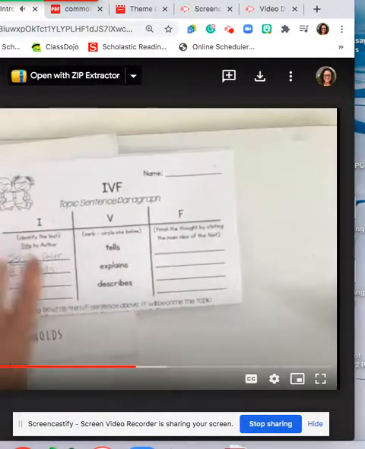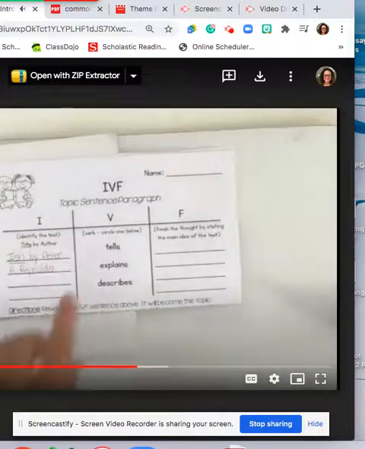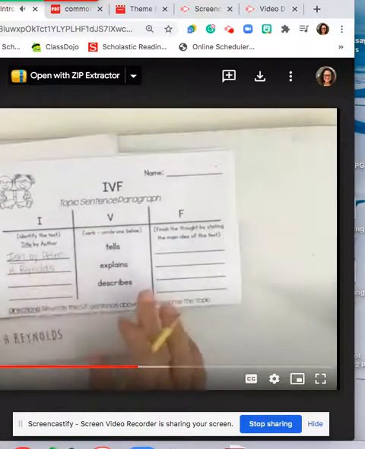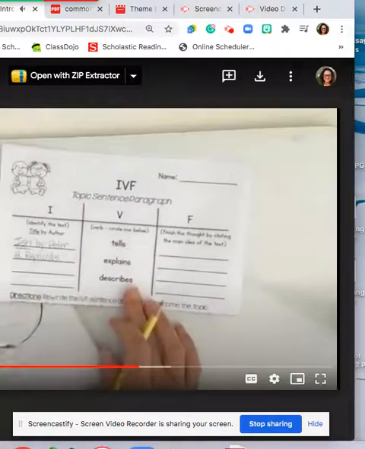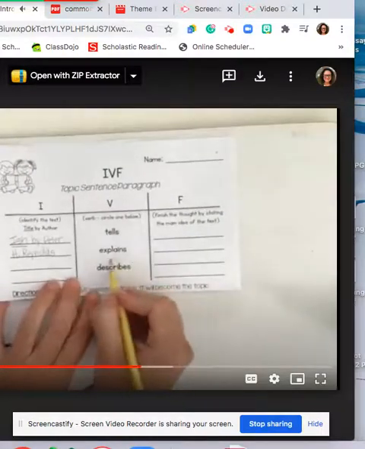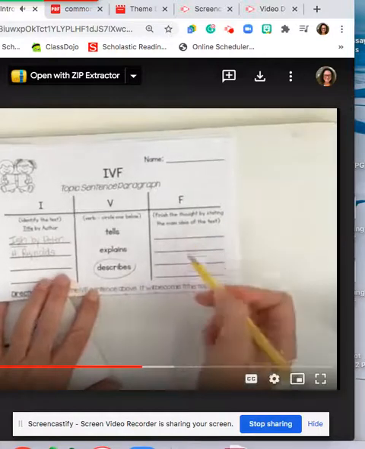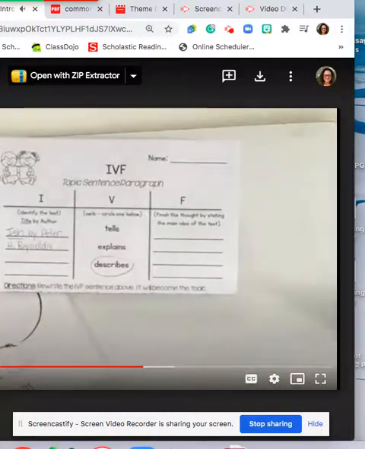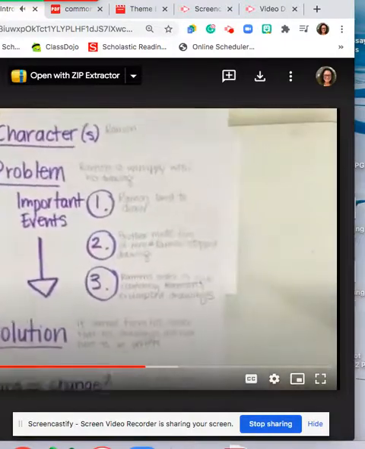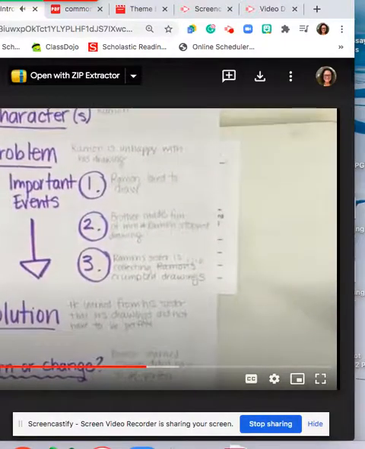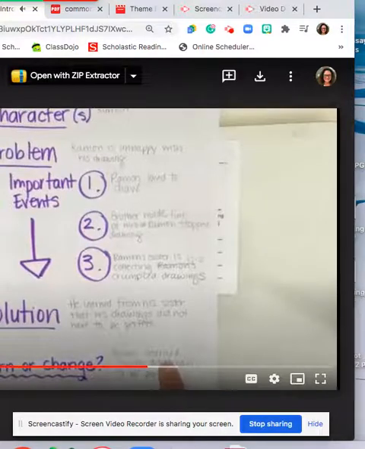Okay, and now we're going to choose a verb. You can pick whichever one you want: tells, explains, describes. I'm going to go with describes for this one. And then this is when we get to state the main idea of the text. So if we go back to the notes that we took, I would say the main idea of this text is that Raymond learned things don't have to be perfect.